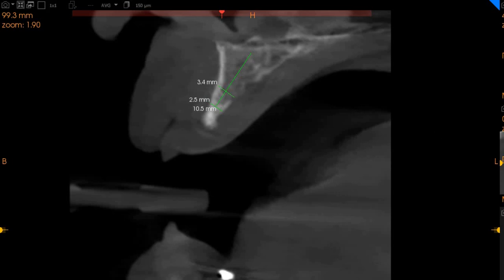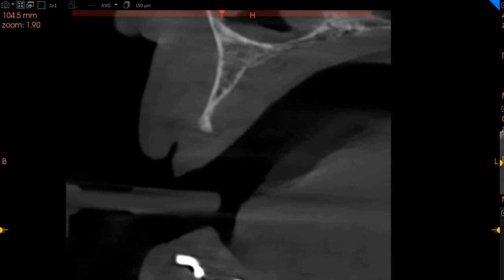Mid crest, we have 3.4 millimeters of ridge width. Moving again to the canine premolar region, absolutely limited bone here. If we go approximately 8 millimeters below the crest, we have 3.6 millimeters of width with approximately 7 millimeters of height.